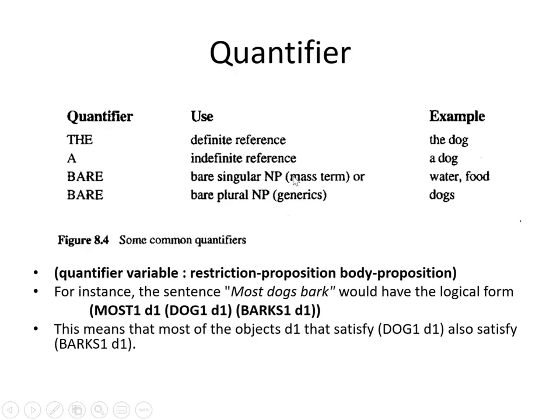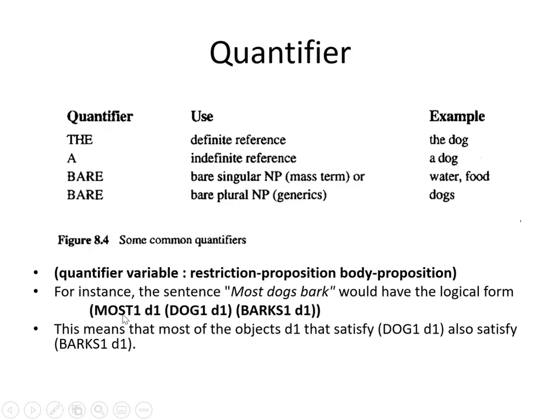Let's take an example, the sentence: most dogs bark. How will we represent it in the logical form language? Dog will be represented by dog1, and barks by barks1, with variable D1.